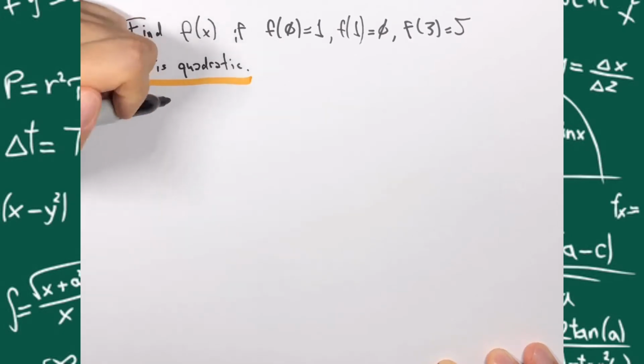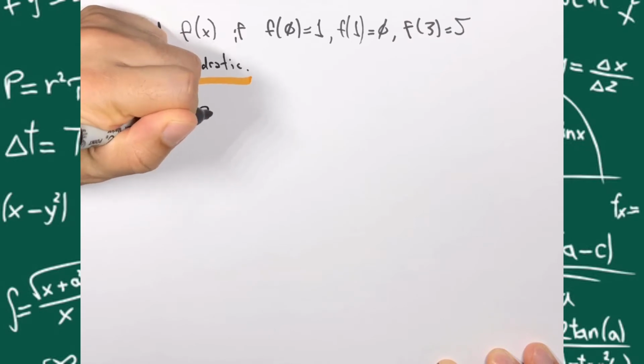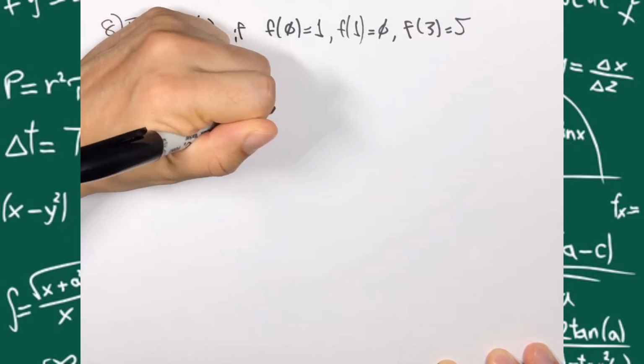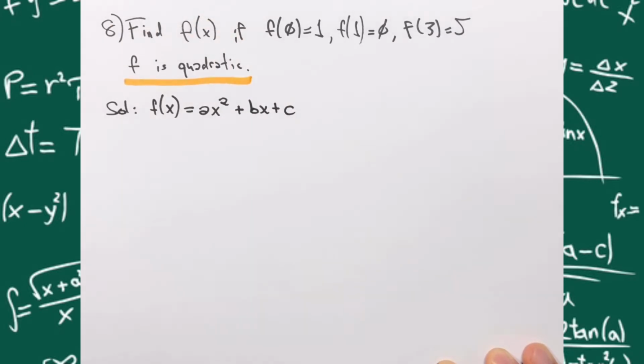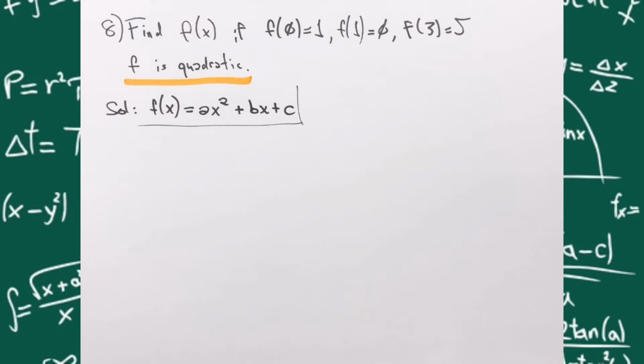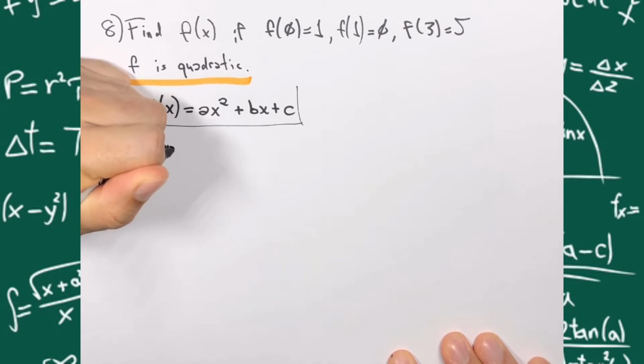So the fact that f is a quadratic function, or a quadratic equation, means that we have to use the general representation of what a quadratic function is, which is ax squared plus bx plus c. This is the general representation of a quadratic equation, just like we had a linear representation in the previous exercise.